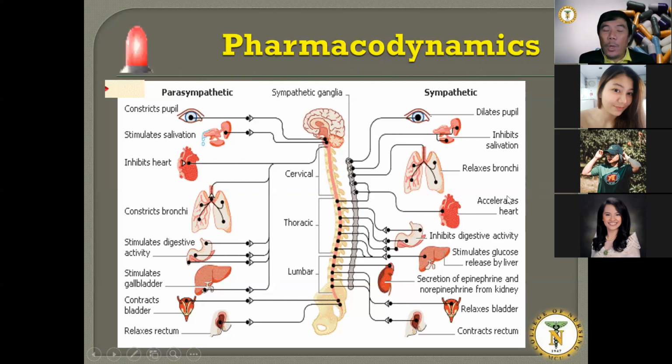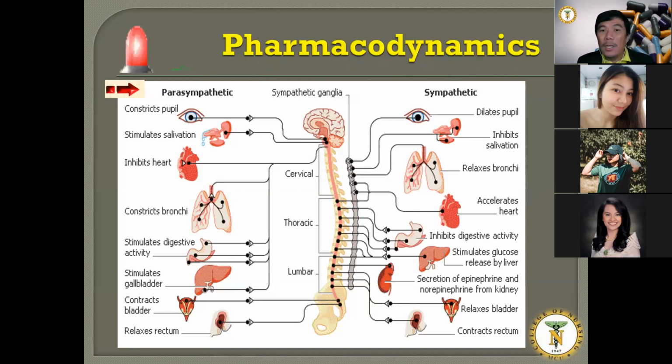Now, when we talk about the sympathetic response, the other effect of epinephrine is that it also relaxes the bronchi. That's why when the heart is stimulated to pump because of the administered epinephrine, it will also open up the airway passages, di ba, so that the ambu-bagging being done to the patient can facilitate supplementation of oxygen.